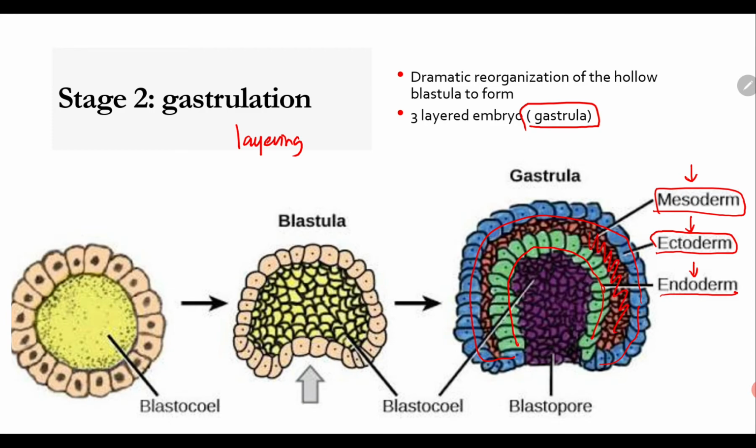So this is the gastrula, a 3-layered embryo. The formation of 3 germ layers determines the fate of each tissue in the next stage, which is organogenesis.